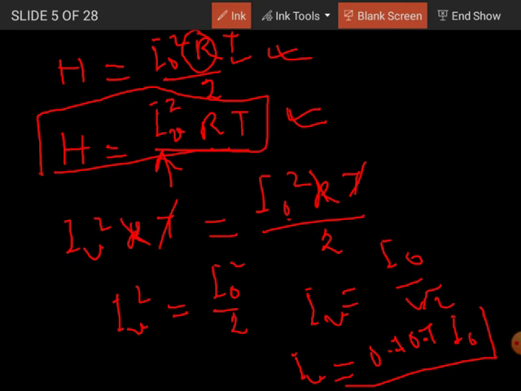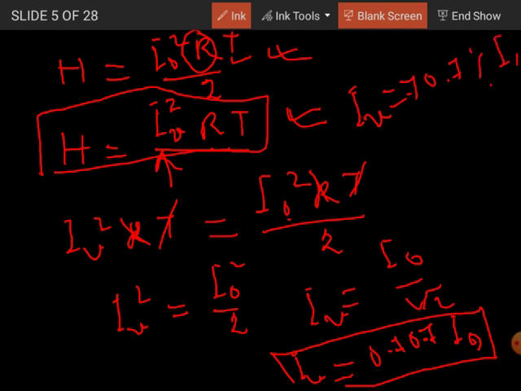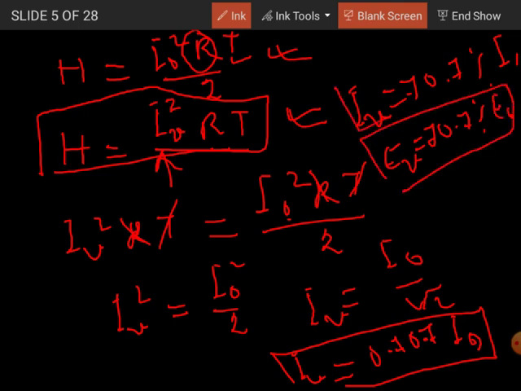So this is an expression relating your virtual value and the peak value. Similarly for EMF also, EV can be expressed as 0.707 times E naught, or in terms of percentage, 70.7% of E naught. Got it?